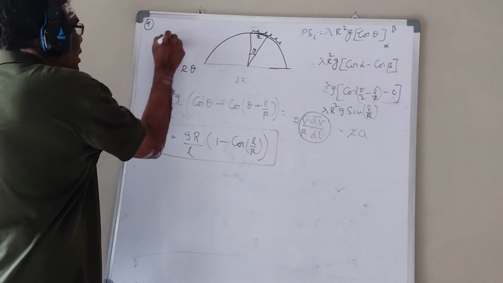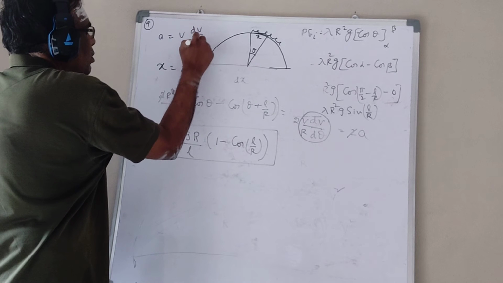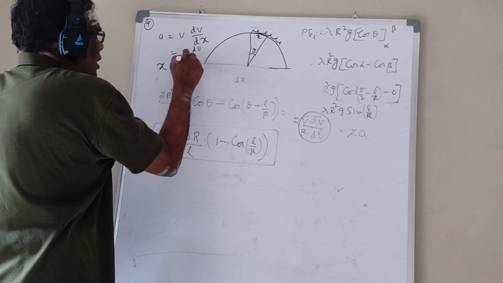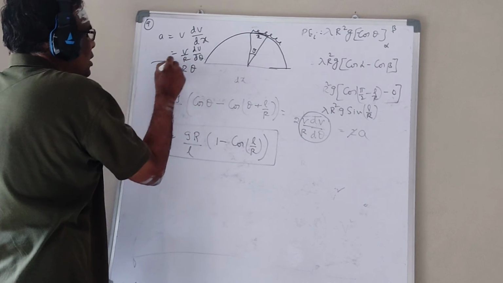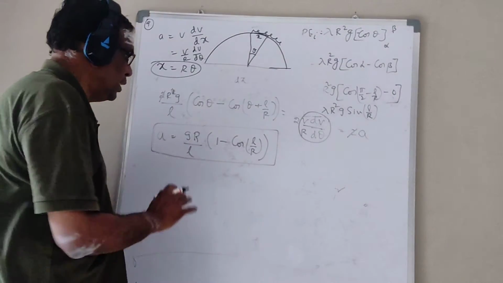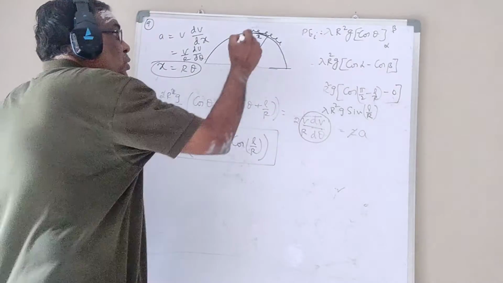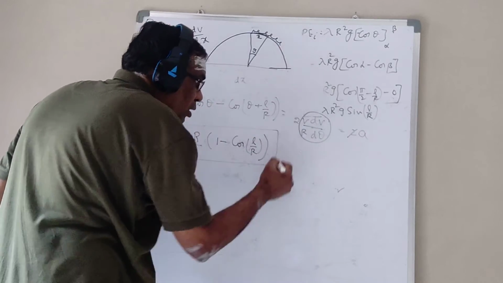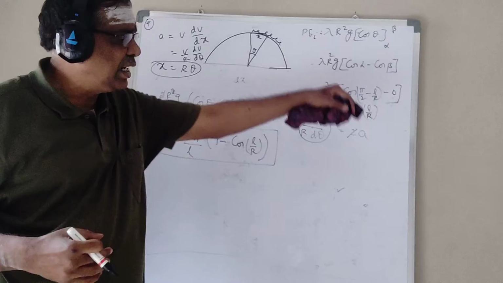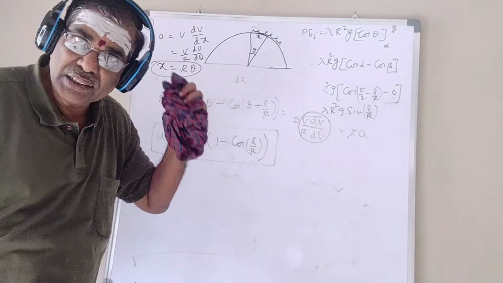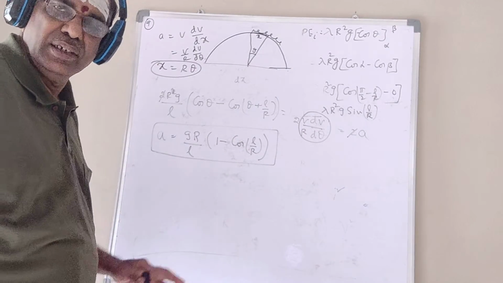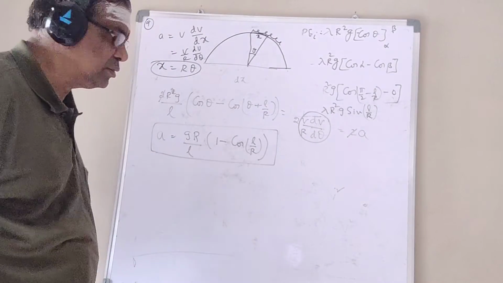And then I am taking a to b, V dV by dx. But dx is r d theta. So in this sense I am writing x is equal to r theta. Well, this is clear to you. So the path need not actually come out of the surface. Even if it is slightly displaced, you can still find out what is the acceleration there. I hope this is clear to you. Okay?